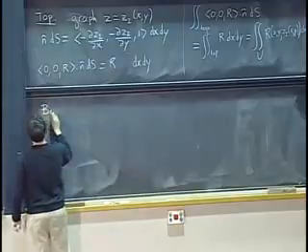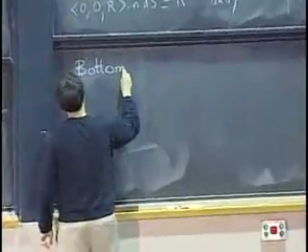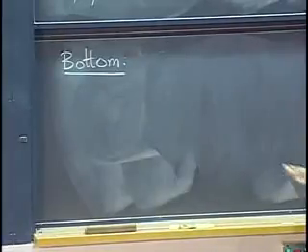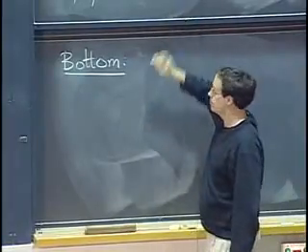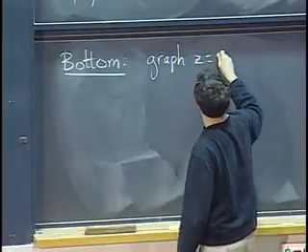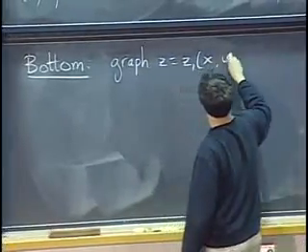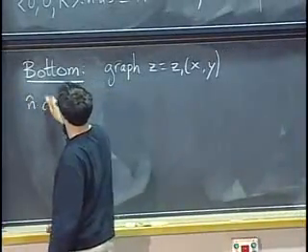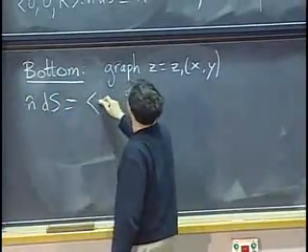We need to look also at the other parts of our surface for the flux integral. So the bottom will work pretty much the same way, because it's the graph of a function z equals z1 of x, y. So we should be able to get n dS using the same method.